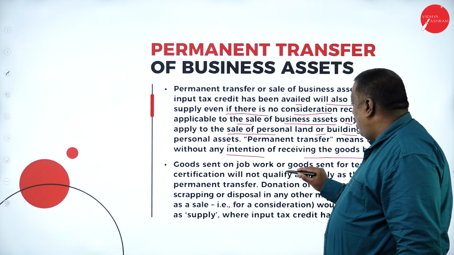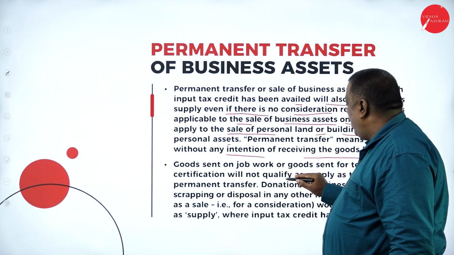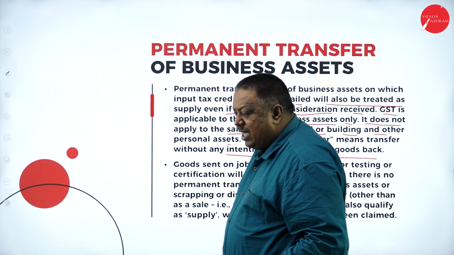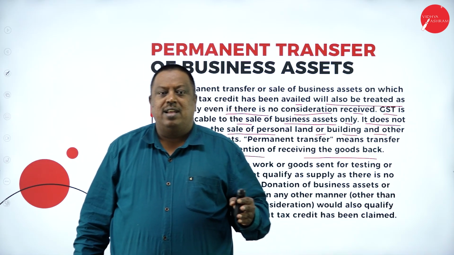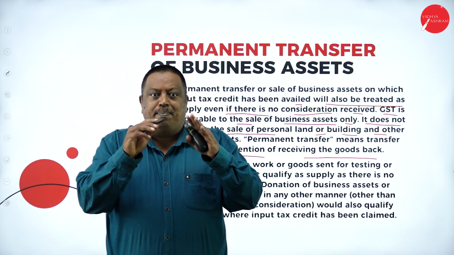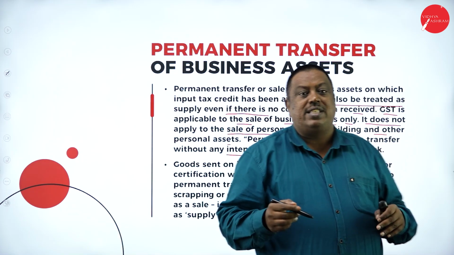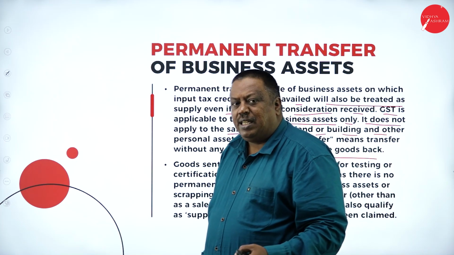Goods sent on job work or goods sent for testing or certification will not qualify as supply as there is no permanent transfer. They're saying that if any goods are sent for job work, meaning for converting raw material into finished goods, we have sent some goods to a person to complete that work.